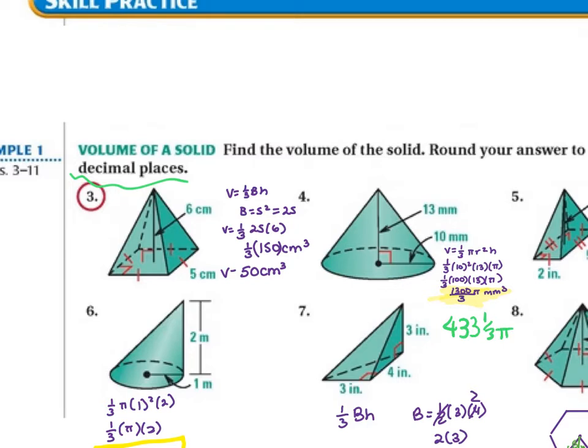If you multiplied that number by pi, then you also got 1361.37. Oh, sorry, 36. So either way. So again, just read the directions on how it wants you to leave it.